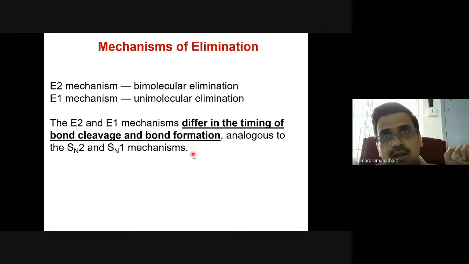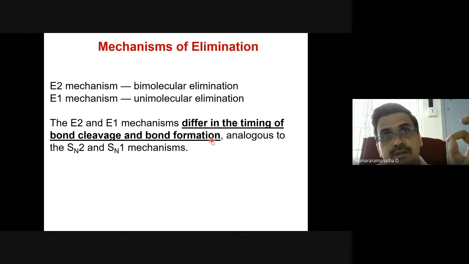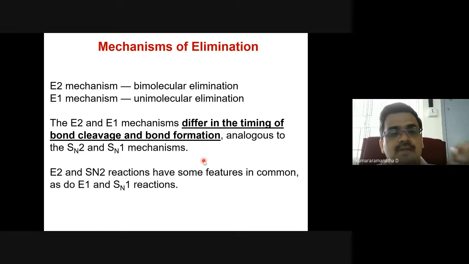In both E1 and E2 you see elimination, just like SN1 and SN2 you see substitution. The important things are the transition state and the differences in timing of bond cleavage and bond formation. They only alter the timings with respect to bond breaking and bond forming. So it is essentially the same as SN1 and SN2, but we are removing the bonds.